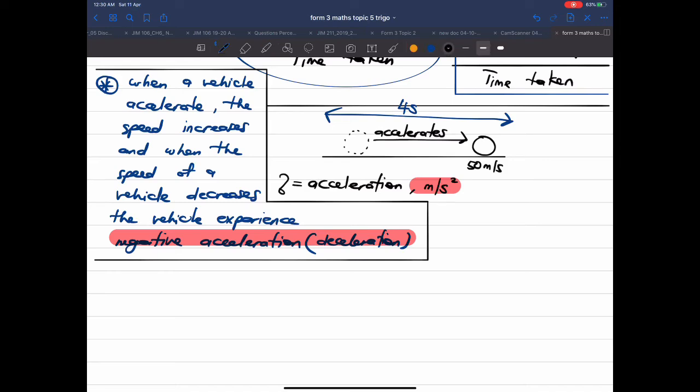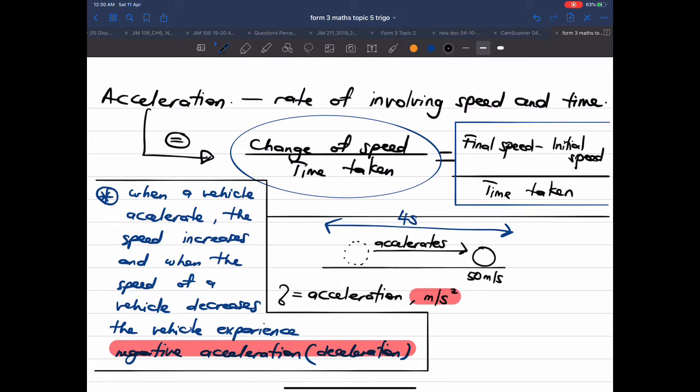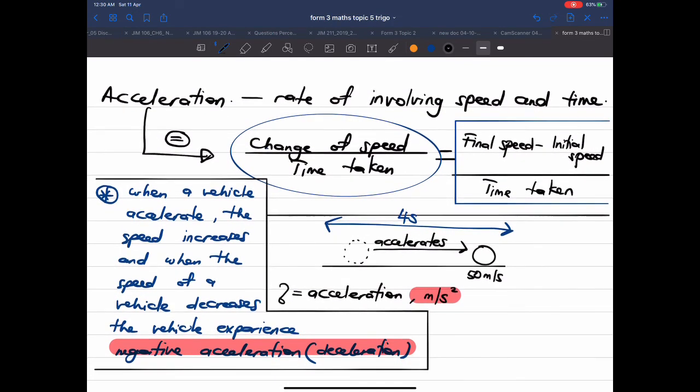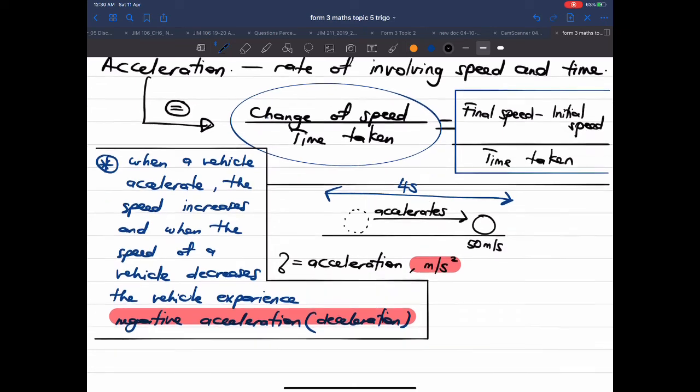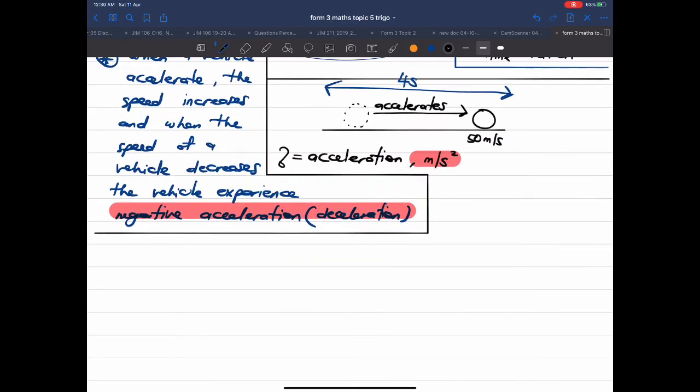So how do you do this? You just follow the formula. Change of speed over time taken. What is change of speed? Final speed minus initial speed. Over here, what is the final speed? The final speed is 50 meter per second minus the initial speed, which is 0 meter per second, and I divide it by time taken.